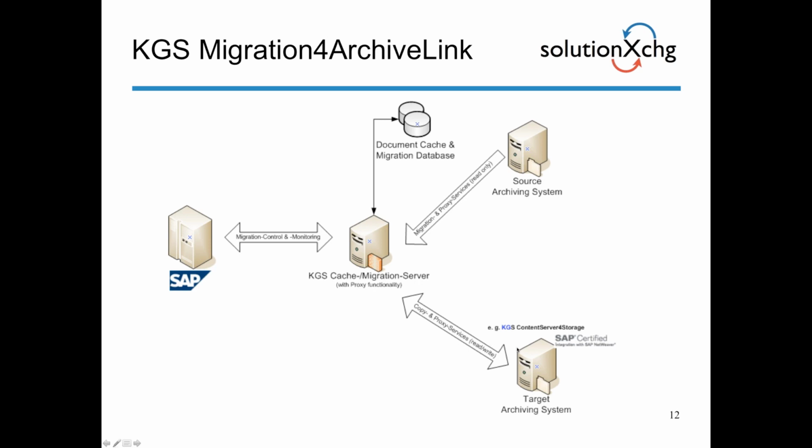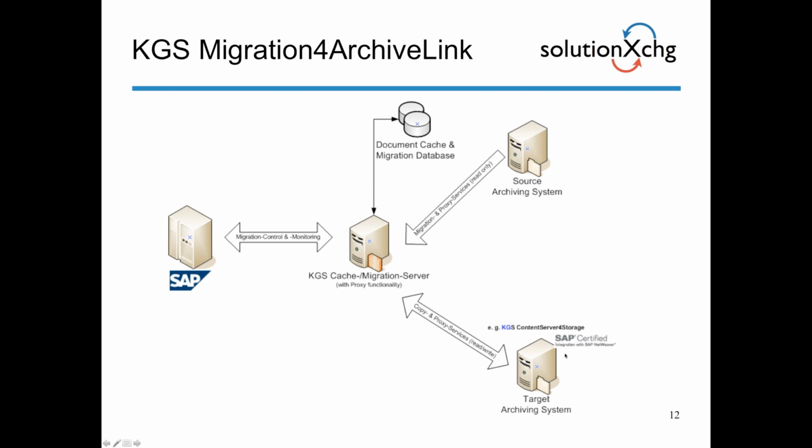If the document is already there because it has been stored there in the first place, or if the document has been successfully migrated, the target system will respond back with the appropriate document, which will then be seamlessly presented to SAP.